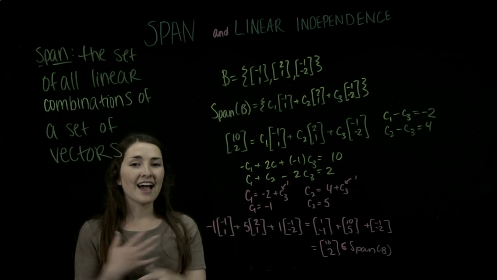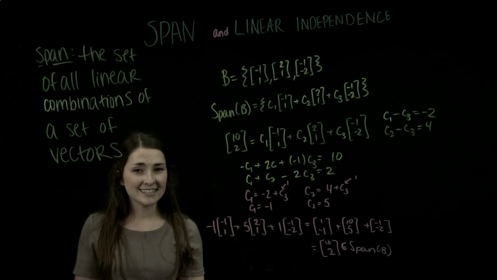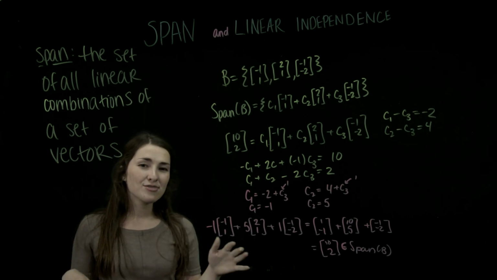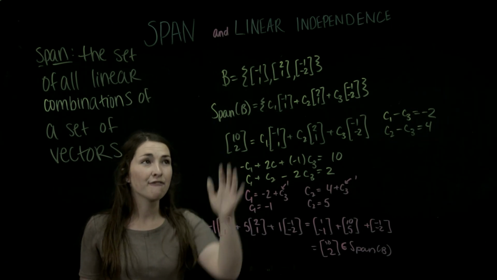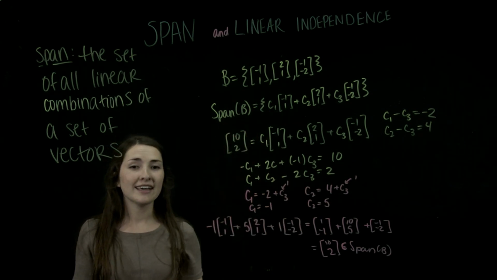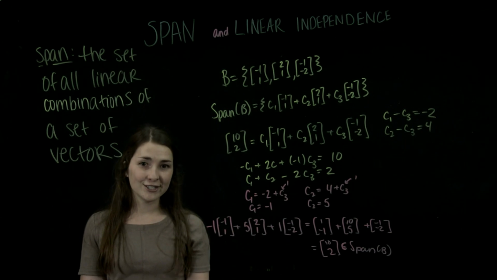That means that any span of any set of vectors is going to be a subspace of the vector space that the vectors belong to. So in this example, span of B is a subspace of R2.